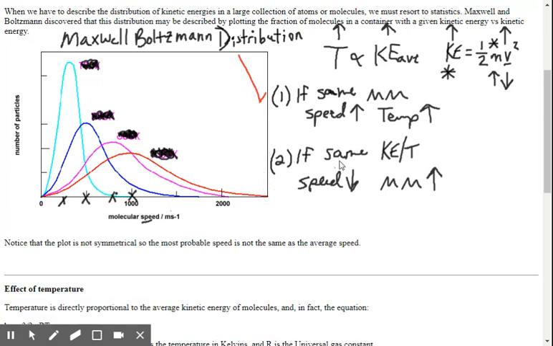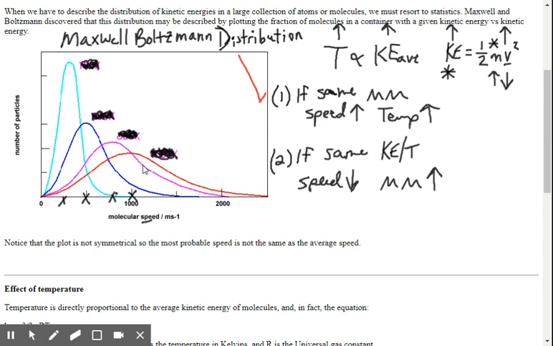Now for the second type of question, let's say that all of these lines are different molecules or different particles. Let's figure out what each one is. Conceptually, as speed decreases, my molar mass increases.